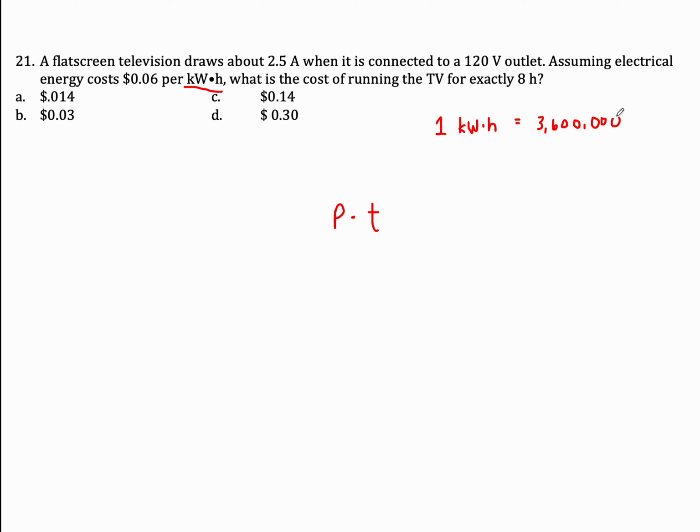I think I'm going to try this way first. To figure out the number of kilowatt hours, I first need to figure out how many kilowatts the TV is using, how much power, and then multiply it by 8 hours. To do that, if it's using 2.5 amps when connected to this voltage, power is equal to I times V. So in this case, power is 2.5 amps times 120 volts.